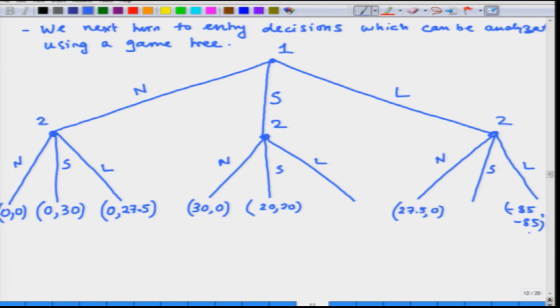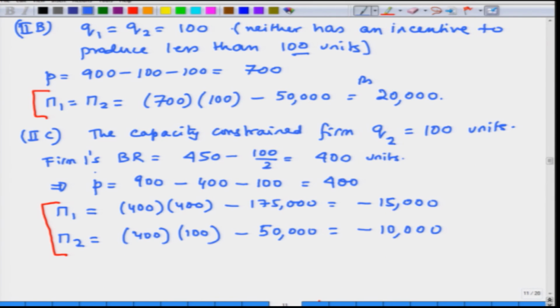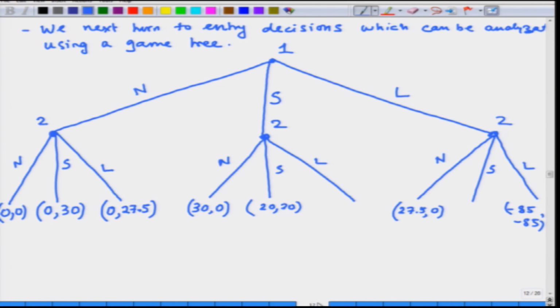So, the last branches that we need to put are where firm 1 is capacity constrained, but firm 2 is not, and vice versa. So, in the case where, let us say firm 2 is capacity constrained, but firm 1 is not, then firm 1's profit is minus 15,000 whereas firm 2's profit is minus 10,000.